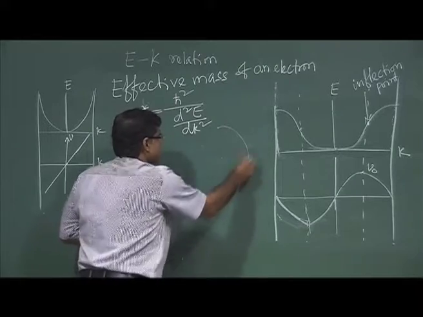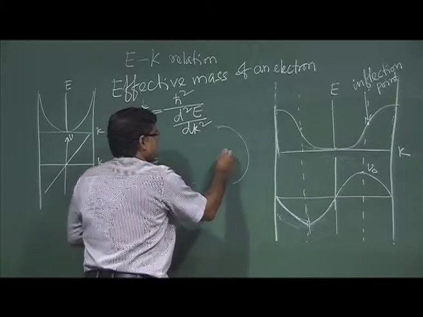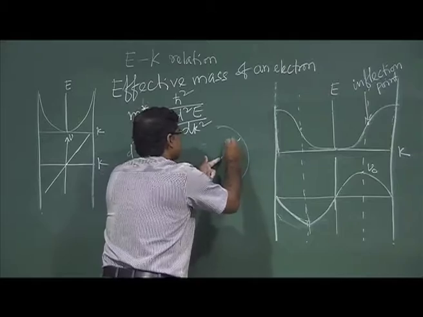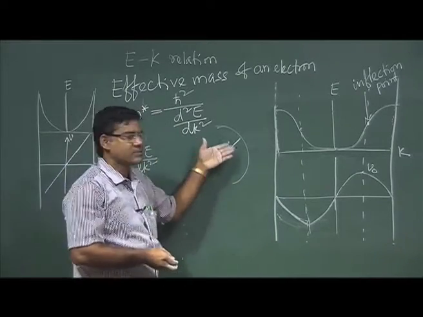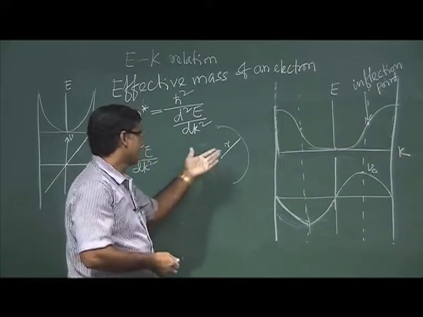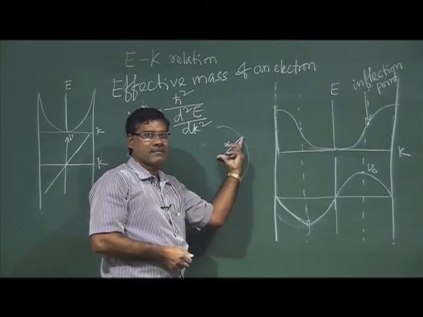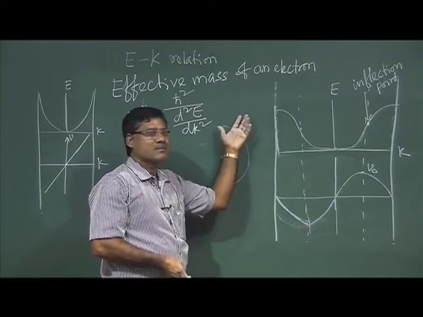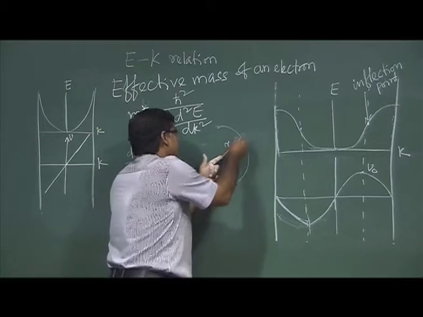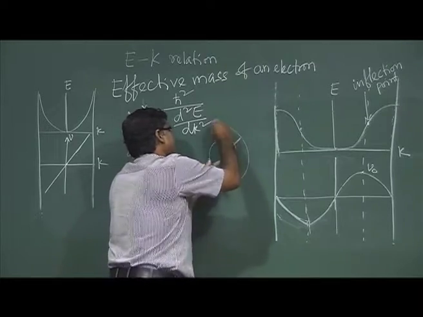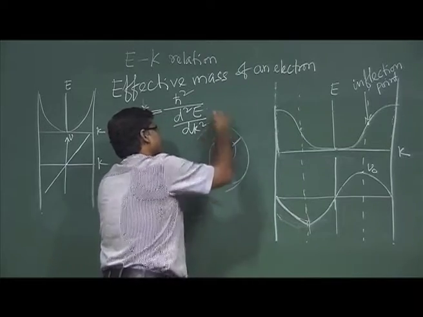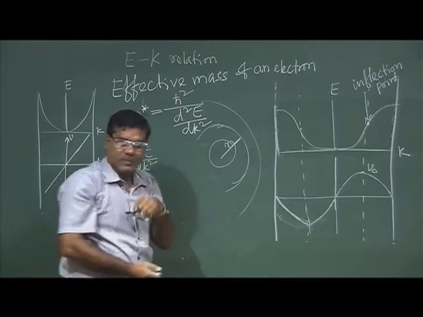This is its curvature, right. This curvature radius r. Generally curvature is inversely proportional to this radius. If the radius is higher, curvature is smaller. If the radius is smaller, curvature is higher. Okay.